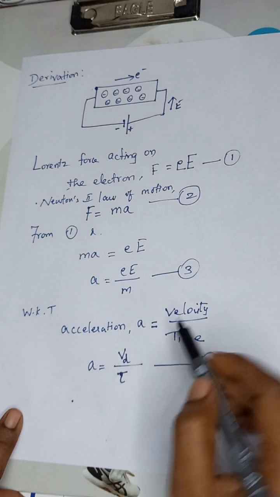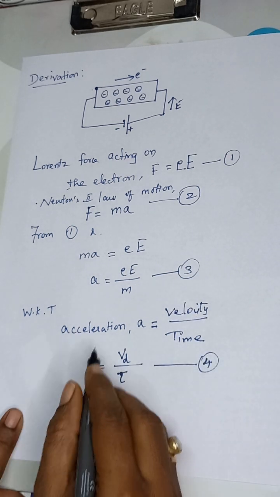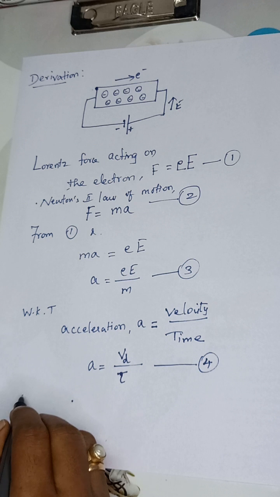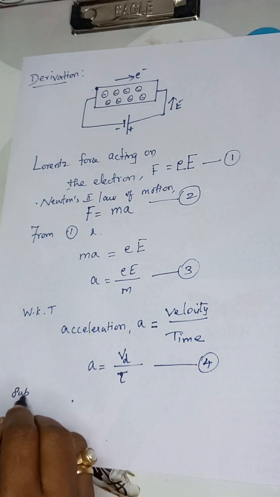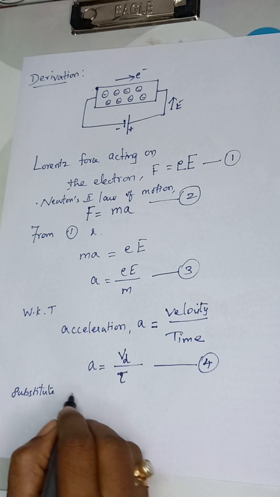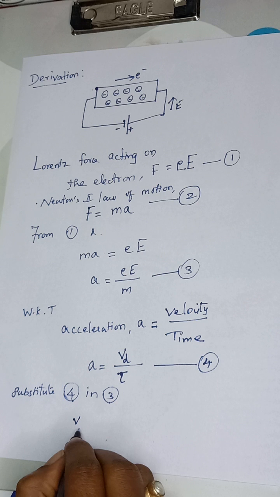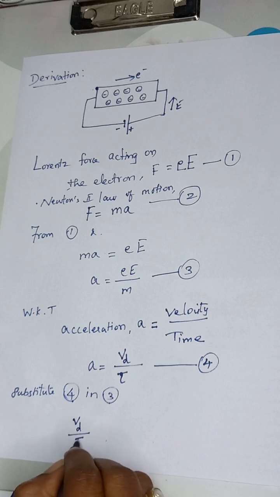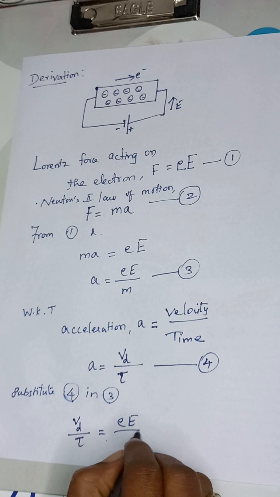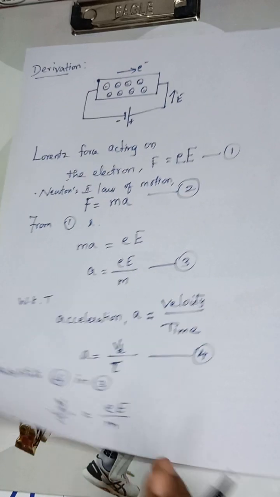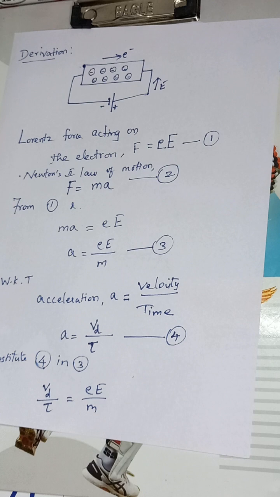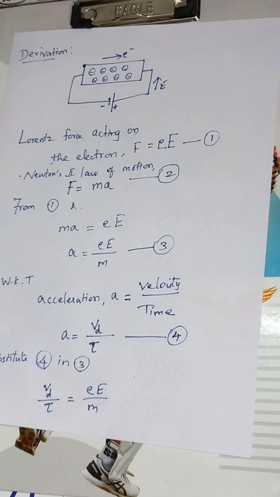Comparing these two equations 3 and 4, or substituting 4 in 3, Vd by tau is equal to eE by m.